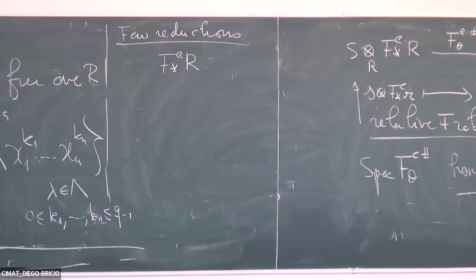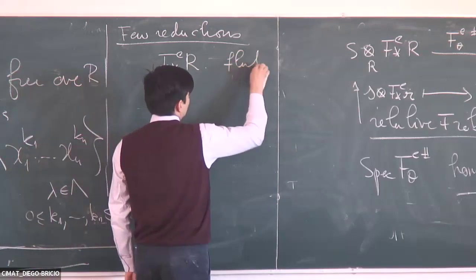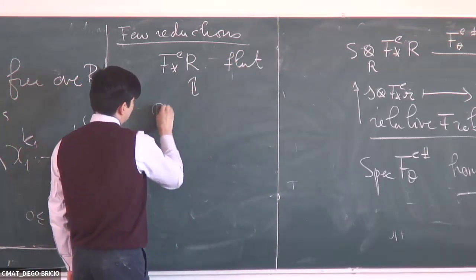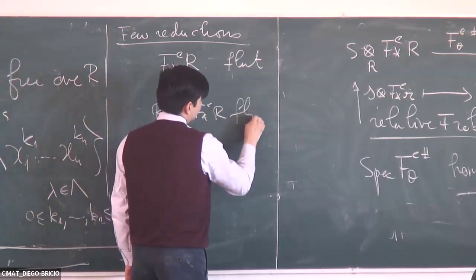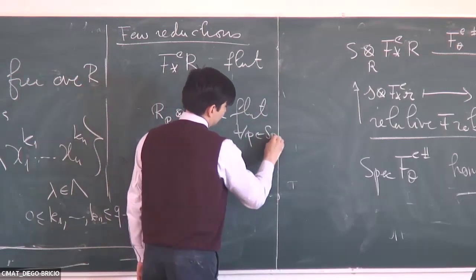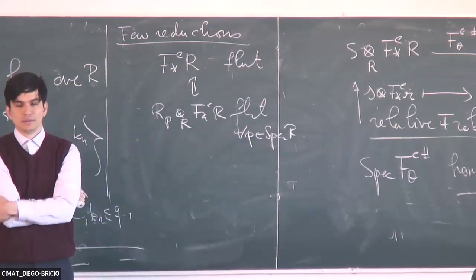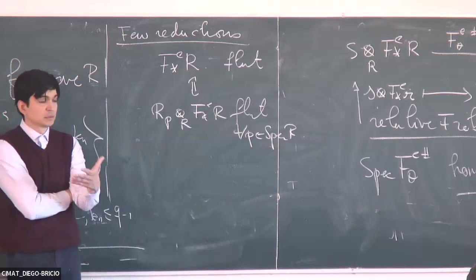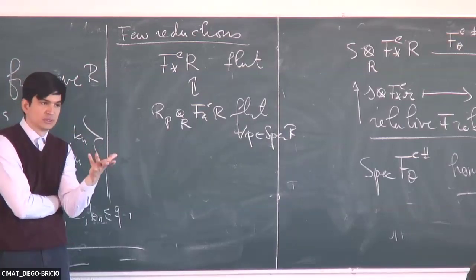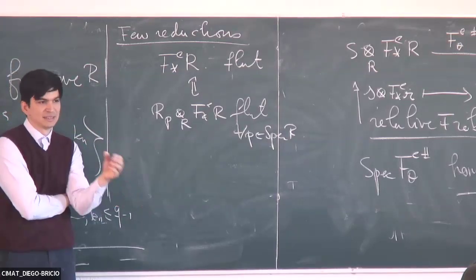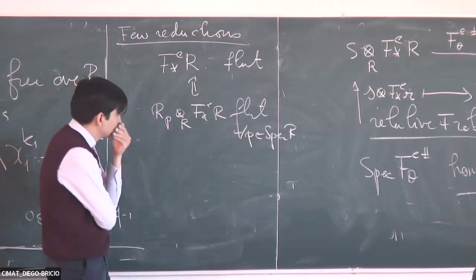What can you do? You can localize. A module is flat if and only if its localization is flat, because flatness is expressed by the vanishing of certain Tors, and those are 0 since localizing is exact. And so flatness is a local property.